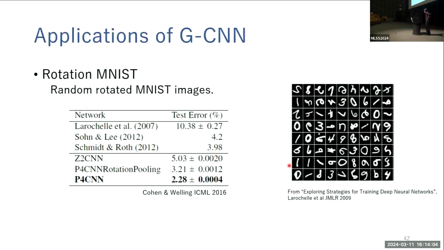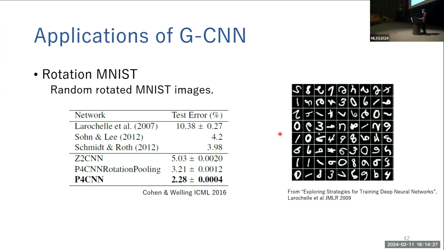Okay, anyway, the G convolutional neural network is a very straightforward generalization of the standard convolutional neural network. And I will show some applications of the G convolutional neural network. The first one is rotated MNIST.